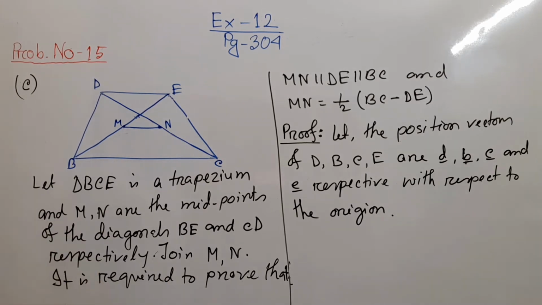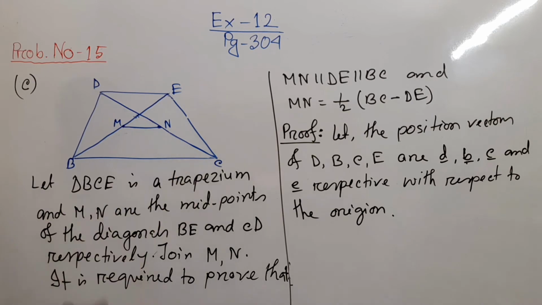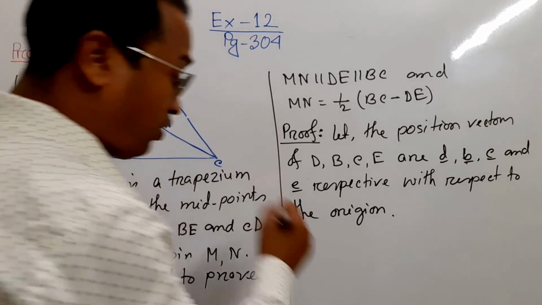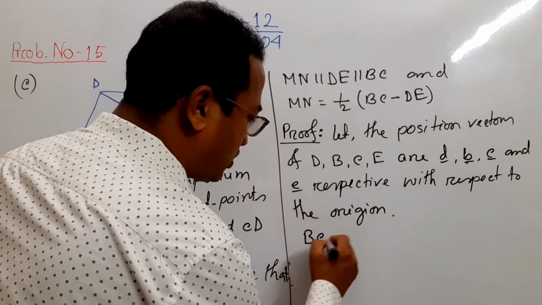So what will be the position vector of BC?